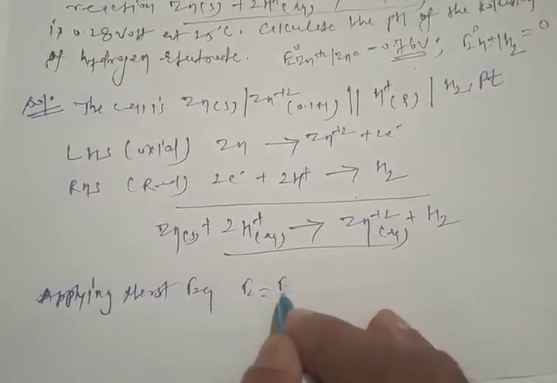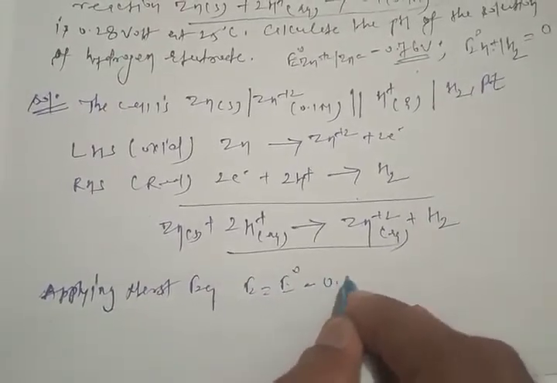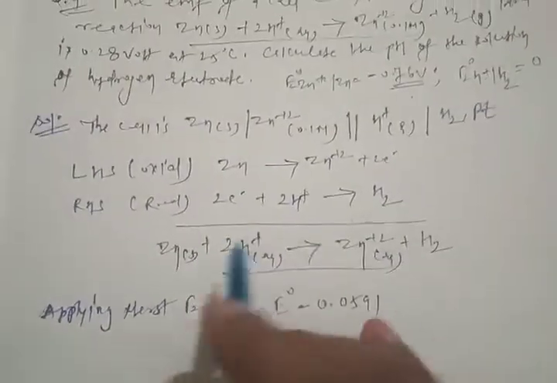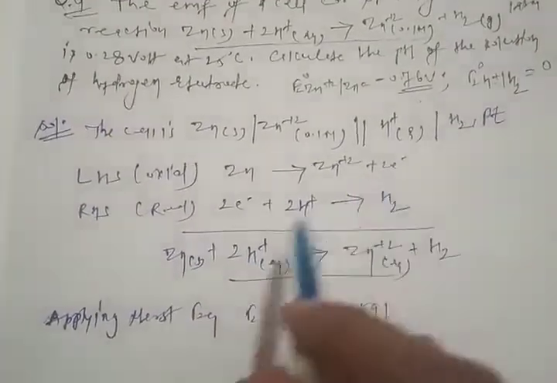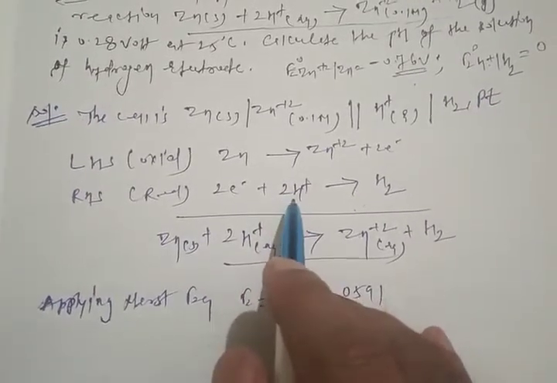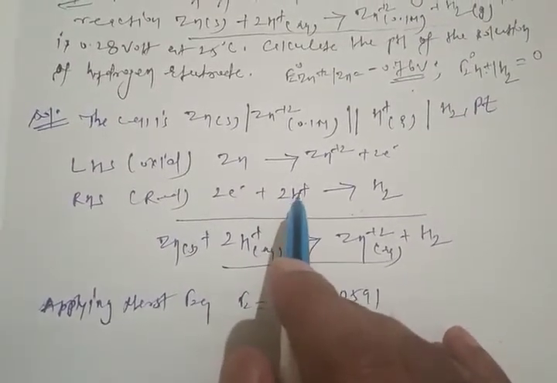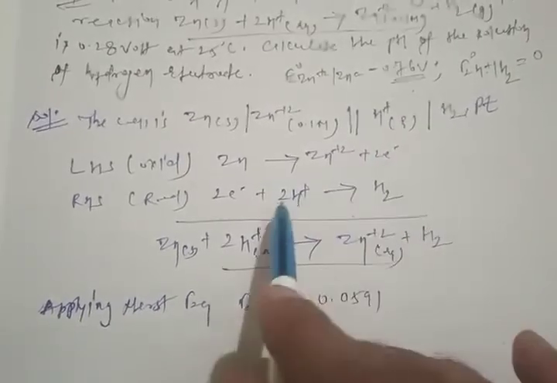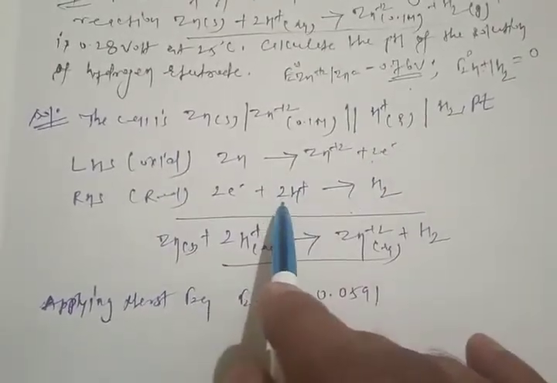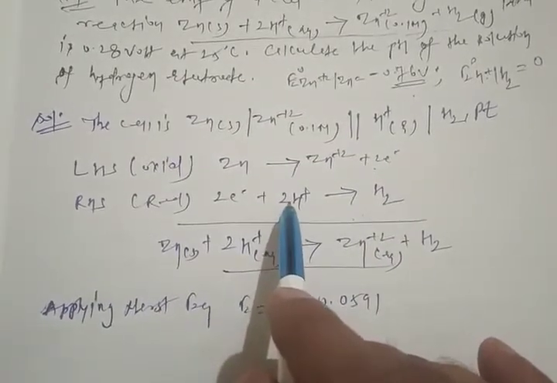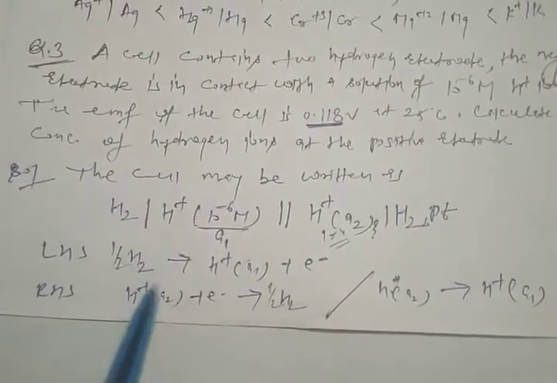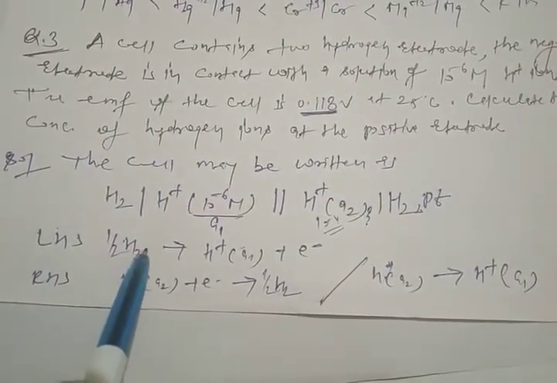Nernst equation: E equals E naught minus 0.059. See, one point you should understand. We have two electrons here, so we will balance this hydrogen by twice instead of half. If you are balancing with a half, you need to change. So there is no need to change, because this is two electrons, so you can easily write it in this way. But at the other end, in the previous one, we balanced it with half, because we had only one electron.